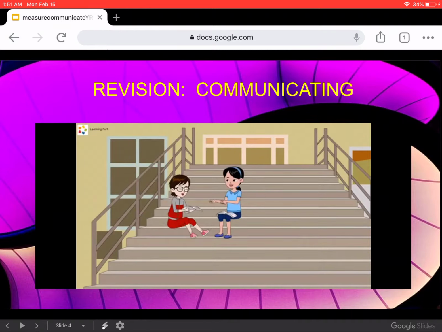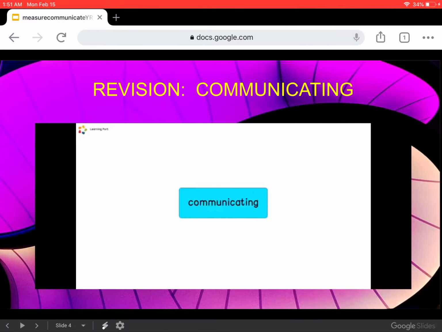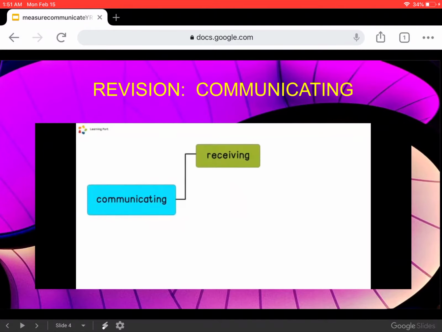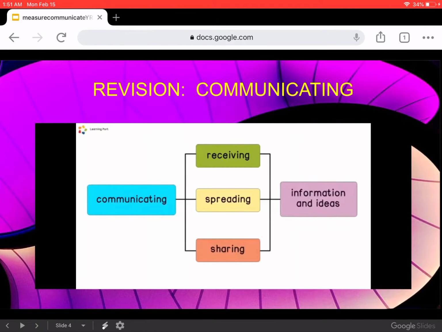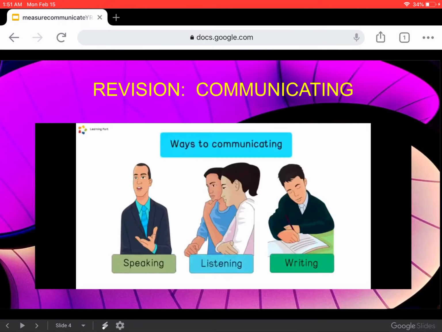Lana is using the science skill of communicating. Communicating is the process of receiving, spreading, and sharing of information and ideas. Speaking, listening, and writing are ways to give and receive information or ideas.